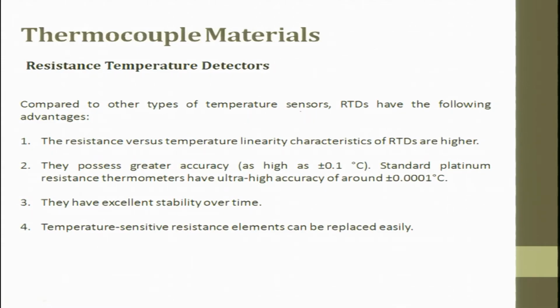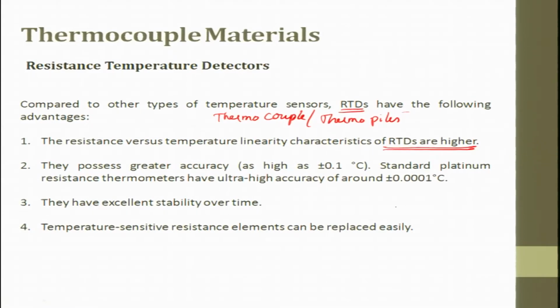Compared to the other types of temperature sensors, RTD have the following advantages. What are the other sensors we studied? Thermocouple, then thermopiles. Compared to these, how is RTD better? The resistance versus temperature linearity characteristics of RTD are higher.